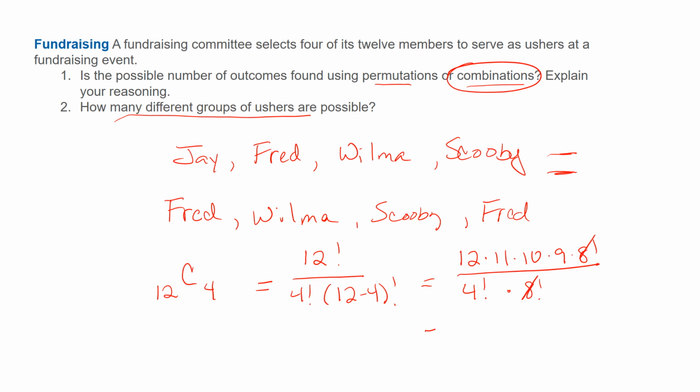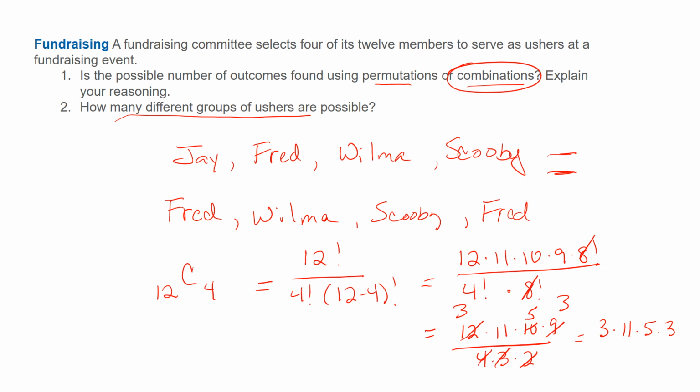If I want to simplify this fraction, write 4 factorial as 4 times 3 times 2 times 1. The 3 goes into 9 three times. The 4 goes into 12 three times. The 2 goes into 10 five times. So I have 3 times 11 times 5 times 3.